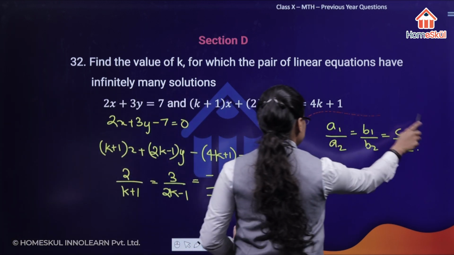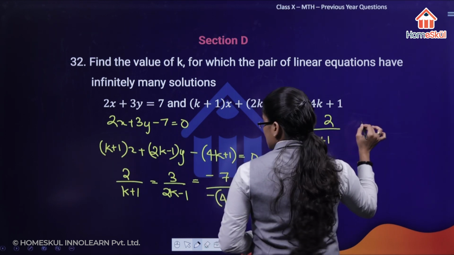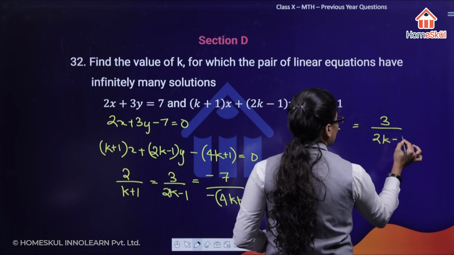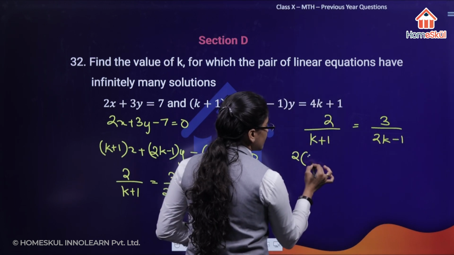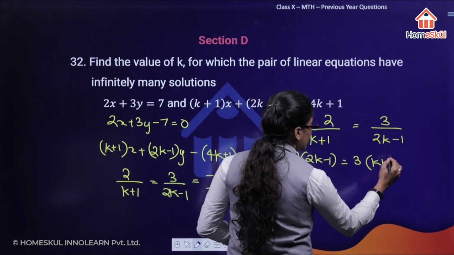So, let's solve this. Here, 2 upon k plus 1 is equal to 3 upon 2k minus 1. On cross multiplying, 2 times (2k minus 1) is equal to 3 times (k plus 1).